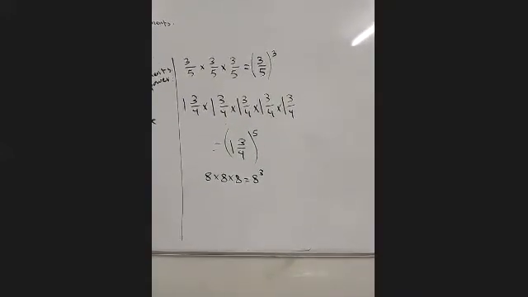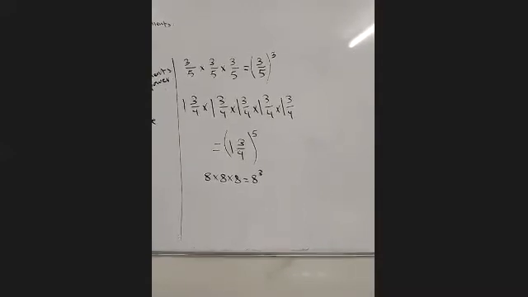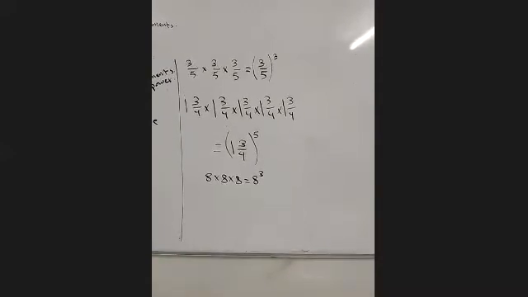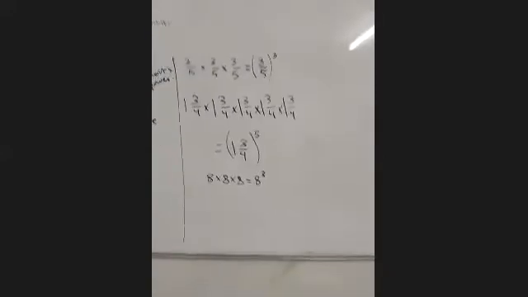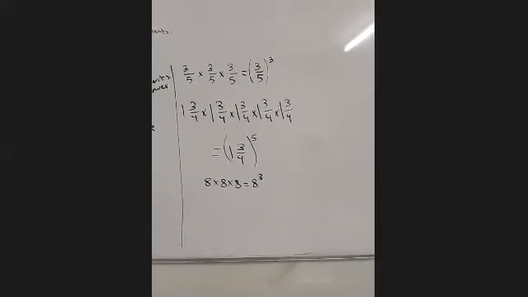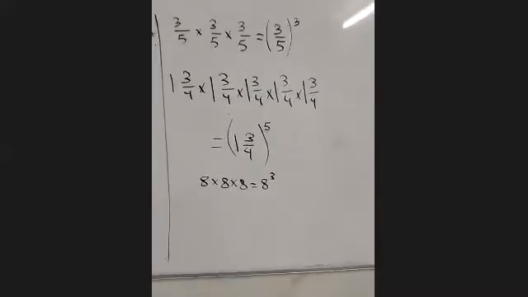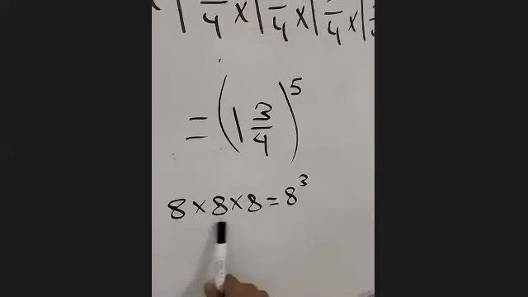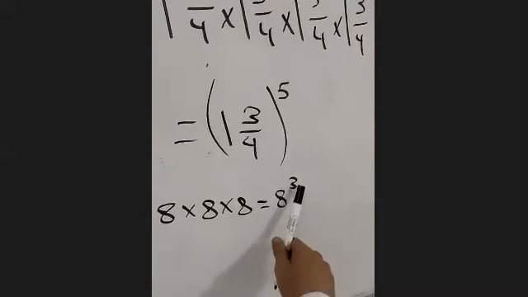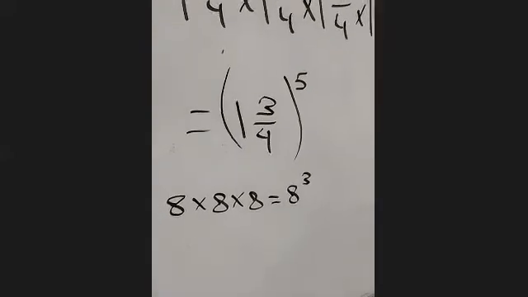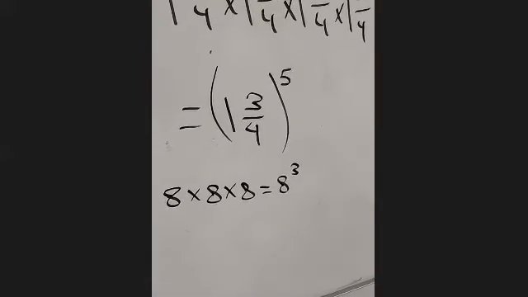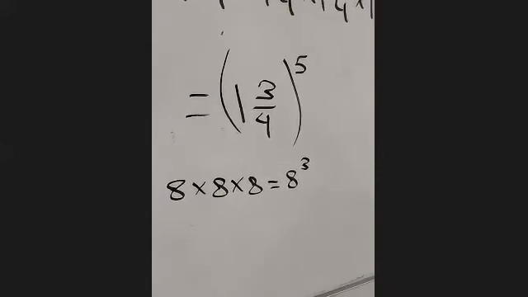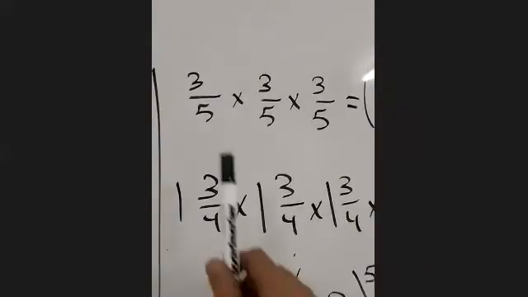Do you understand it now? No. Here, how many 8s do we have? Three. We said 8 to the power 3 or 8 exponent 3. Here, how many 3 over 5 do we have?